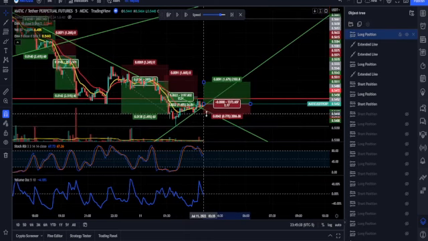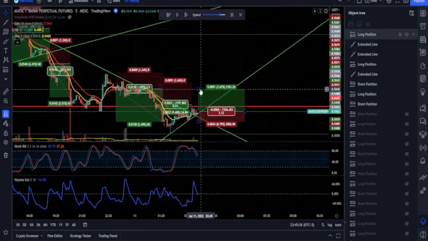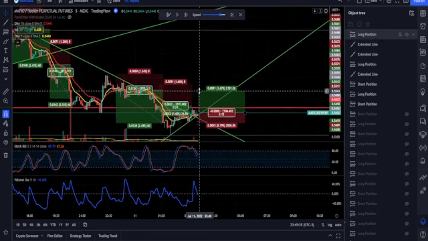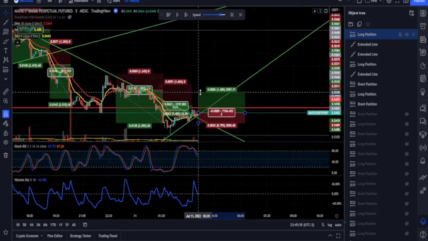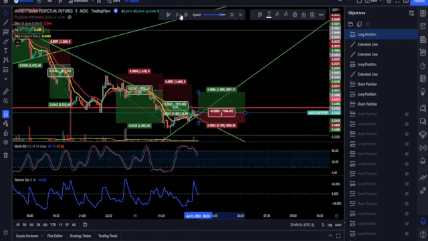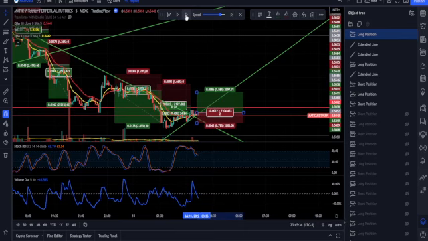Probably this recent swing low, and we'll set ourselves at 2 on the risk and see how we hit.